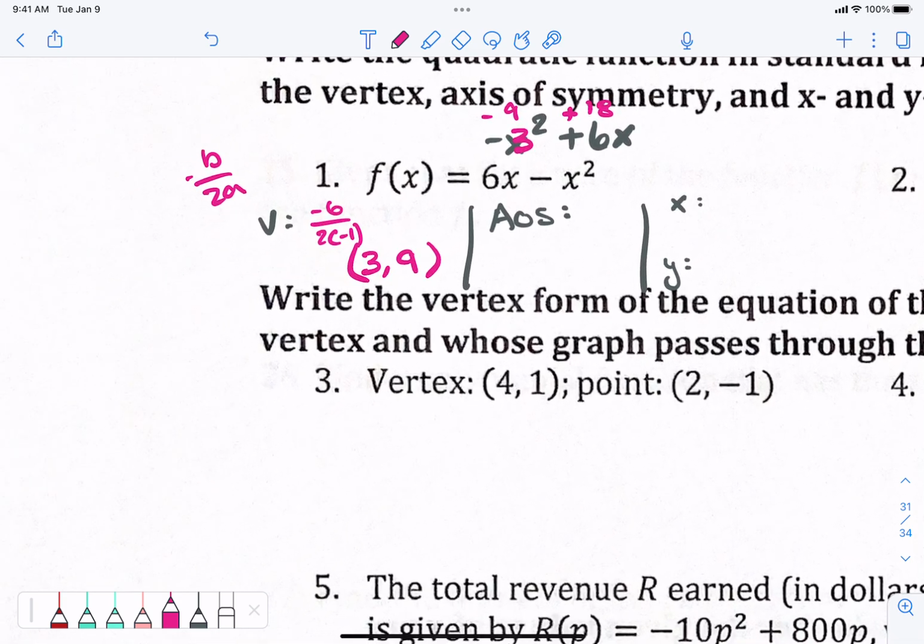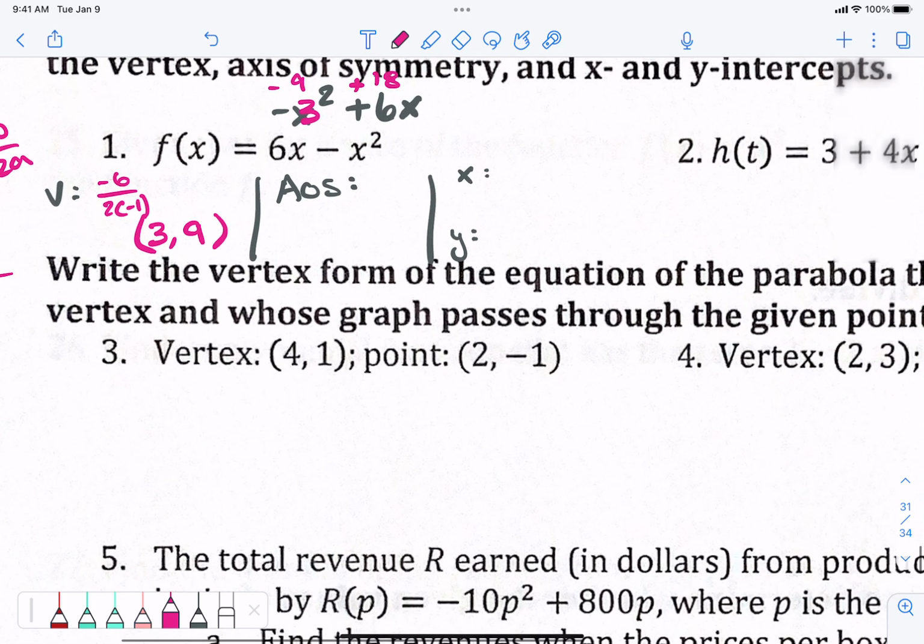If we plug back in, the vertex is at 3 comma 9. It doesn't matter what form it's in if you use negative b over 2a; it has to be in standard form.